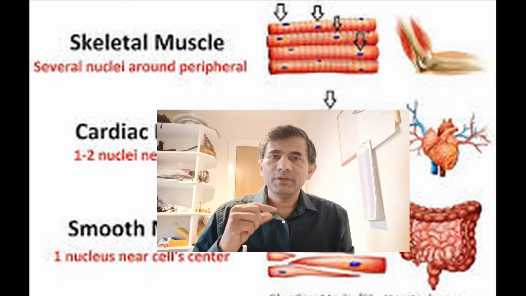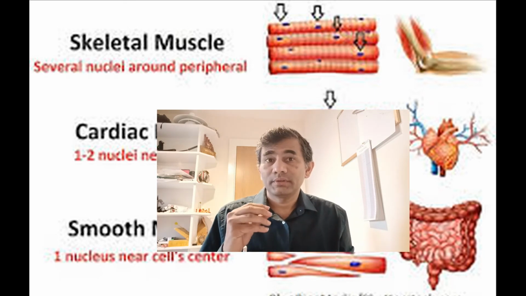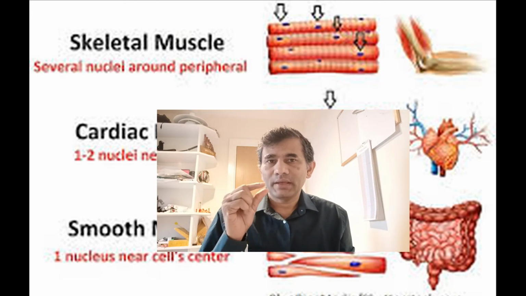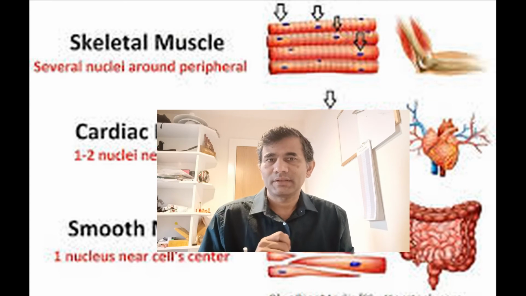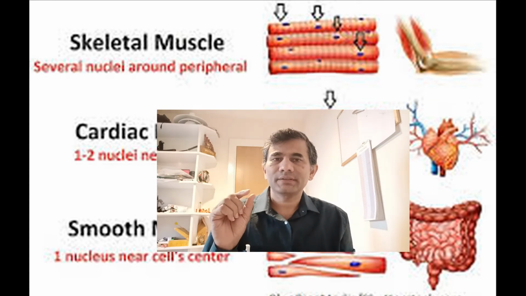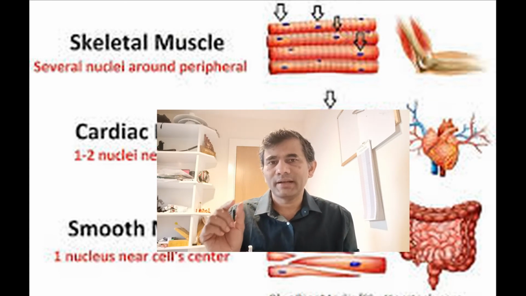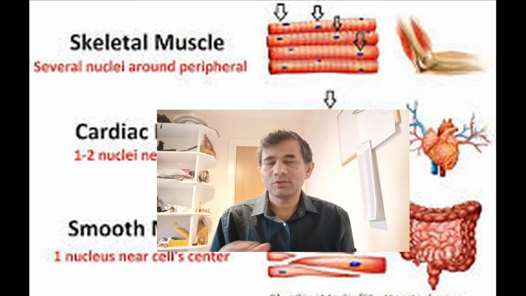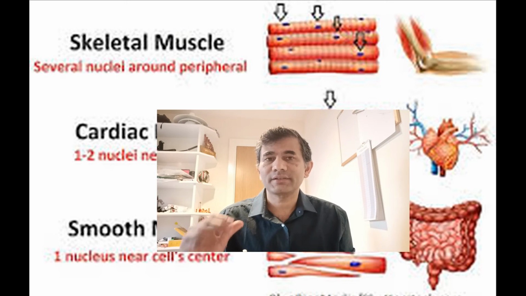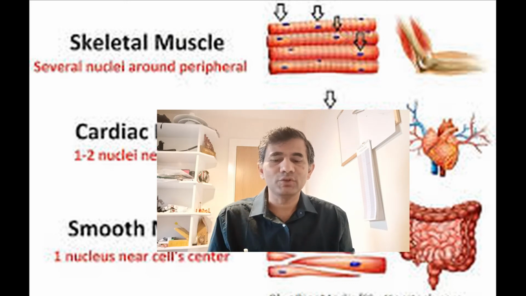Now if we look under the microscope and take a fiber of voluntary muscle, skeletal muscle, it will show alternate bands of light and dark areas. These are also called striations, and that is why these muscles are also called striated muscles, because of their looks.